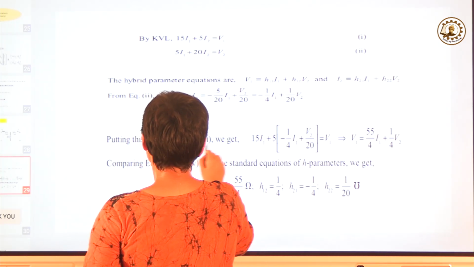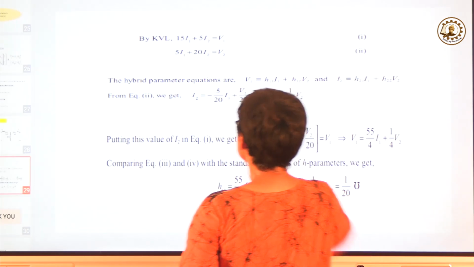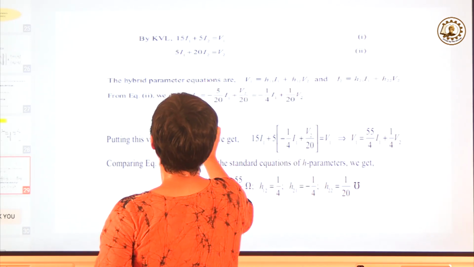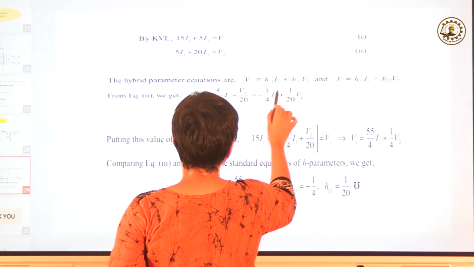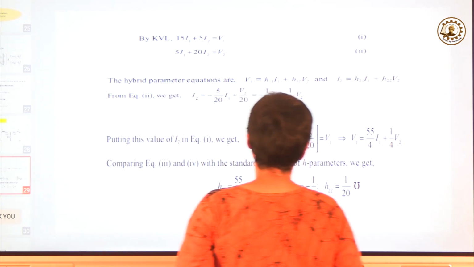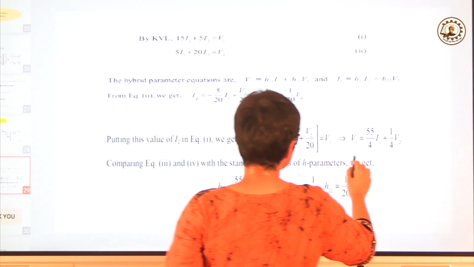So this value of I2, if we put in equation 1, we get 15 I1 plus 5 times (minus 1 by 4 I1 plus 1 by 20 V2), equals V1.